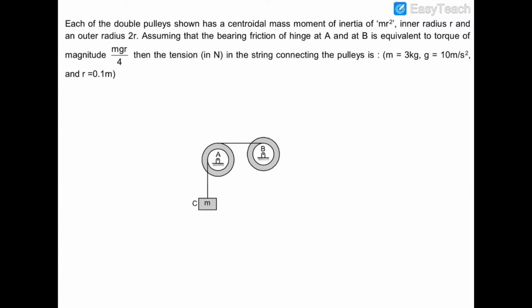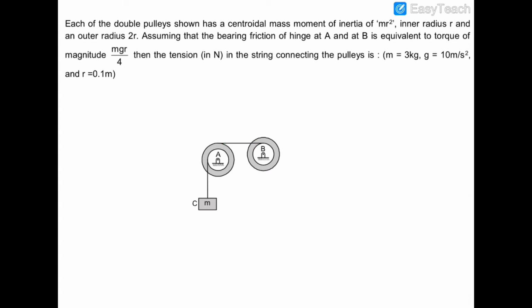Now they are being hinged by these bearings A and B, and it is also given that the total torque of these bearings, which is a resistive torque, which is stopping these pulleys from rotating, is mgr by 4. So this is the total resistive torque of these two pulleys, mgr by 4, and we have to find out the tension in this string.